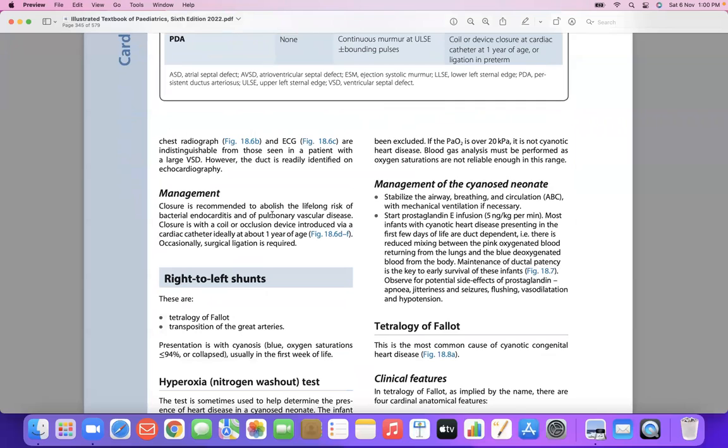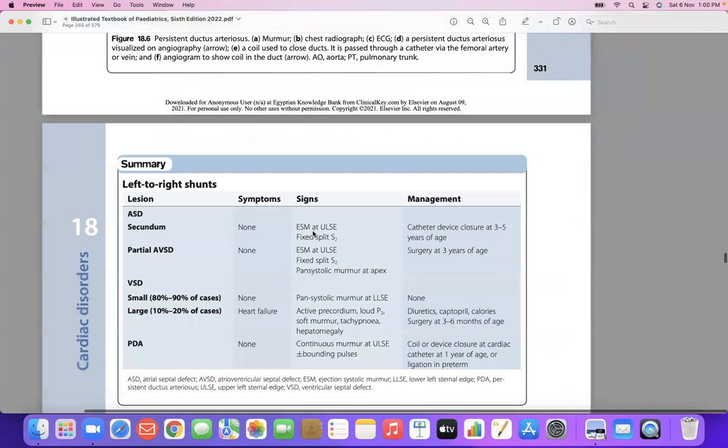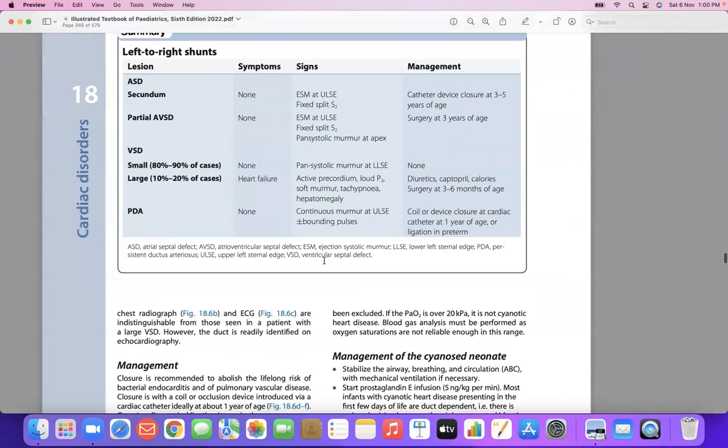Management. Closure is recommended to abolish lifelong risk of bacterial endocarditis and pulmonary vascular disease. Like large VSD, these patients can also go into pulmonary hypertension and irreversible shunting. So closure with a coil or occlusion device is introduced via cardiac catheter, ideally at about the age of 1 year. For large VSD, we said 3 to 6 months; here they are telling up to the age of 1 year.